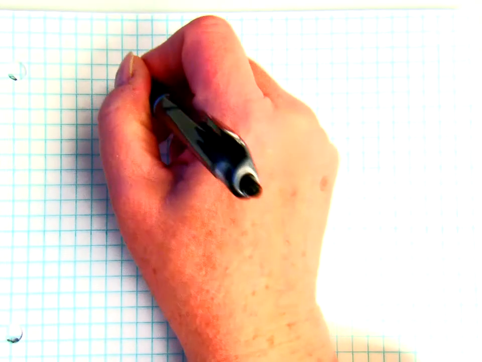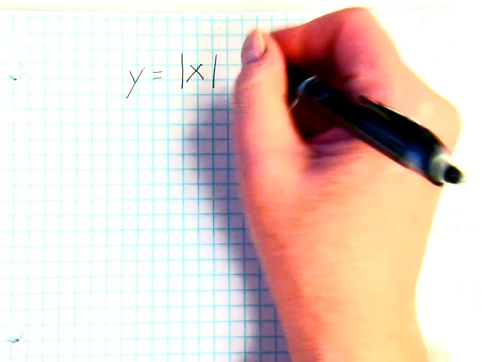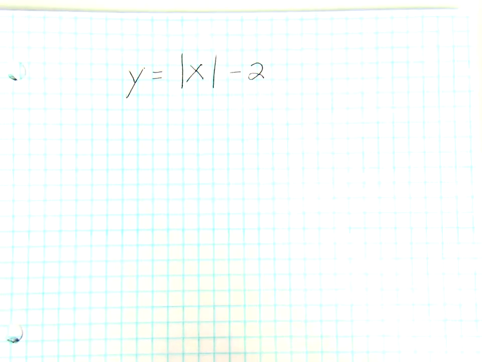So let's go ahead and just graph another couple of these. Let's say we've got, and let's go back up to the top here, y is equal to the absolute value of x minus 2. Okay?